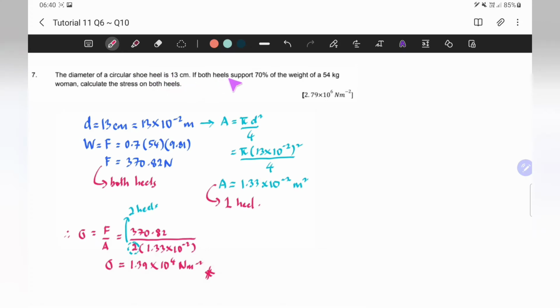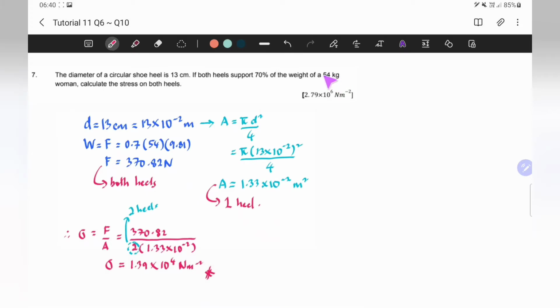If both heels support 70% of the weight of a 54 kilogram woman, calculate the stress on both heels. So they ask you to find the stress, given the diameter of the shoe heel, and the weight supported by both heels is 70% of the weight, with 54 kilogram being the mass of that woman.